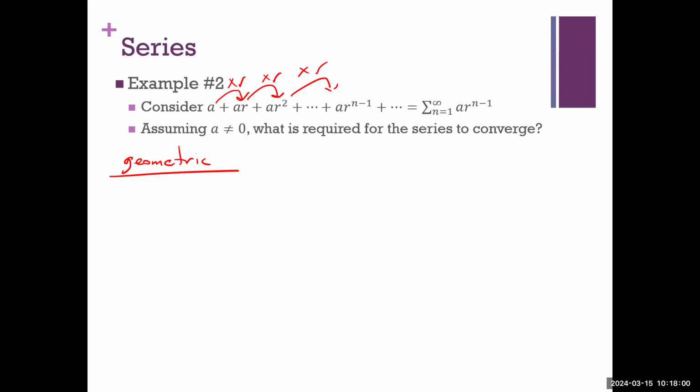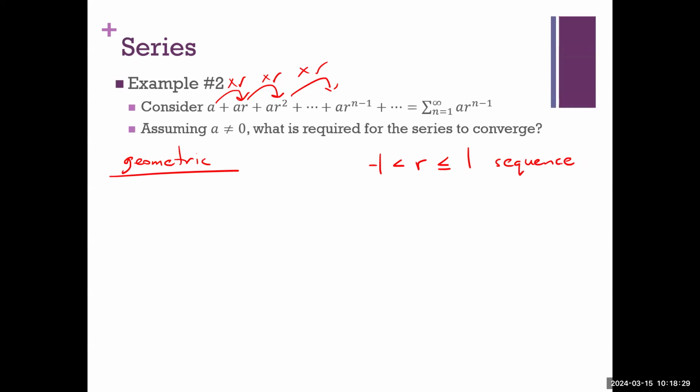And did we talk about when this thing converges? We talked about when the sequence converges, right? What values of R did we say that the sequence converges on? From -1, not including -1, up to and including 1. Okay, so this is where the sequence converges, right?